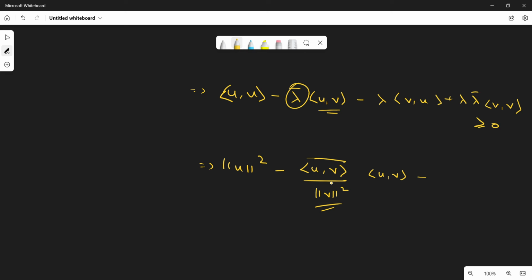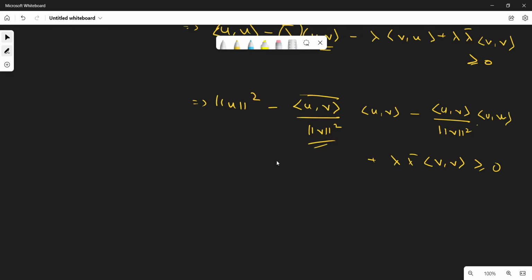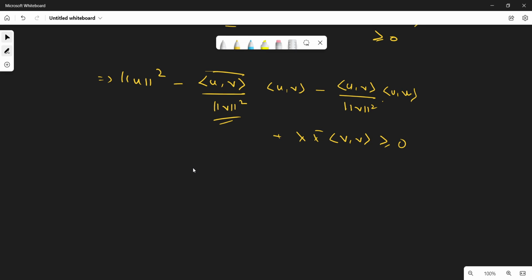So this is uv over norm of v squared times vu, plus lambda bar times inner product vv, is greater than or equal to 0.